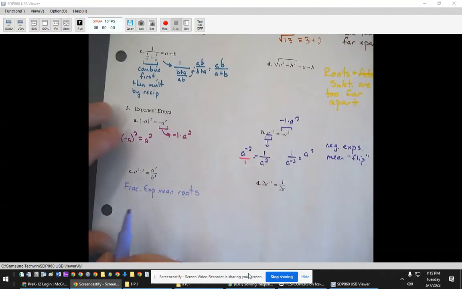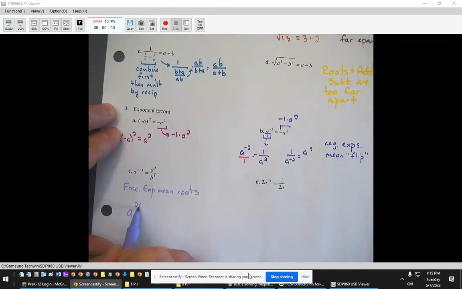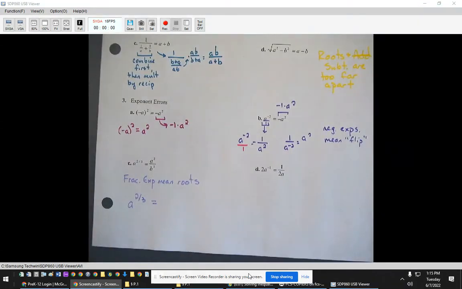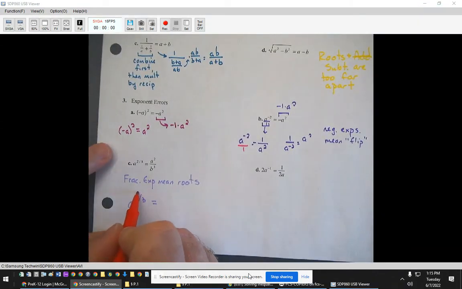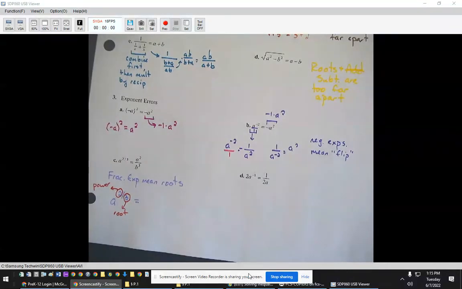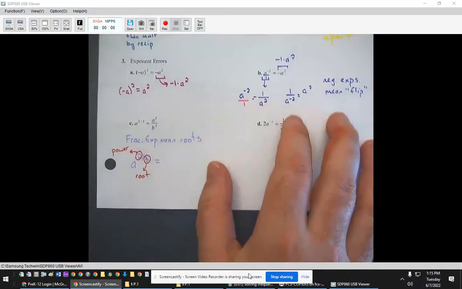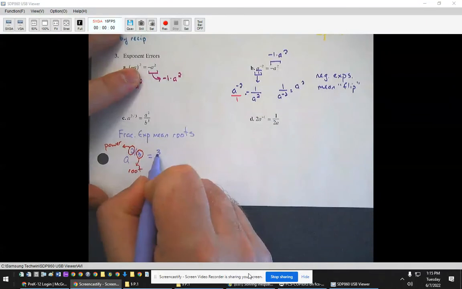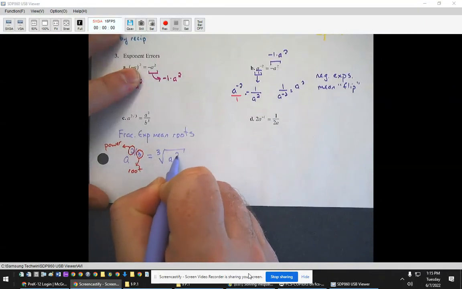So if I have a to the 2/3, this part I call the power, even though technically the whole thing is the power. Maybe I should call that the exponent. I don't know. This is the root. So a to the 2/3 becomes the cube root of a squared.